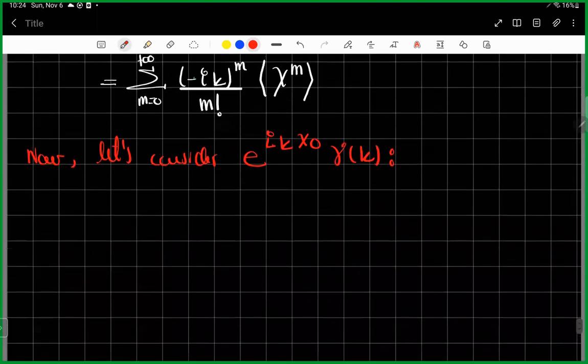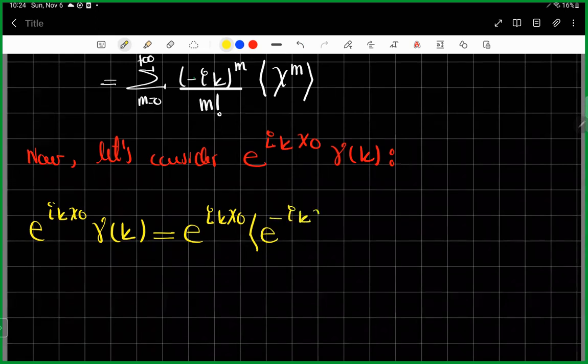Here we write e to the I k x0 gamma of k, which is e to the I k x0 times the expectation value of e to the minus I k x. So this is nothing but the expectation value of e to the minus I k (x minus x0).